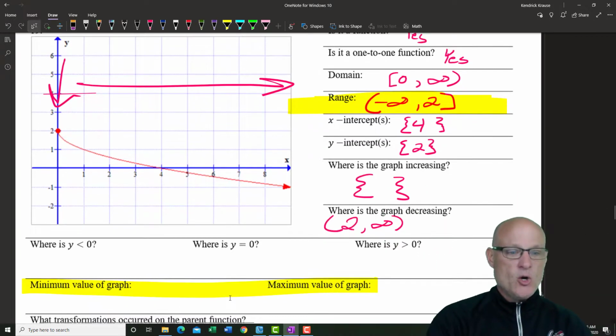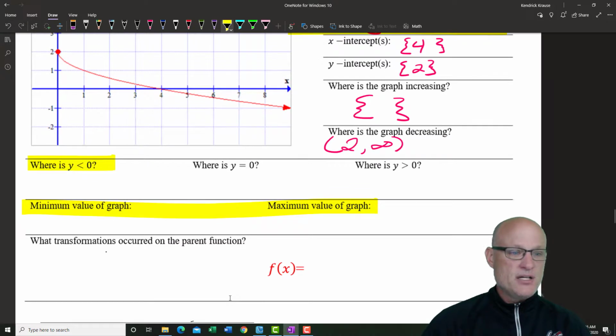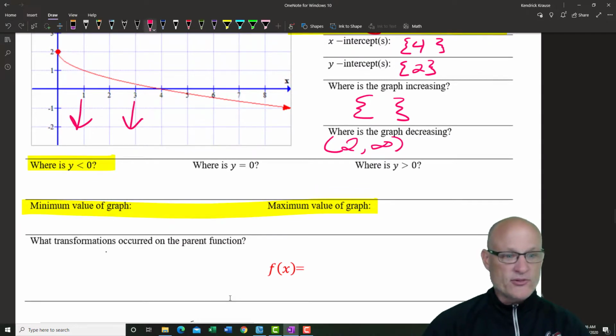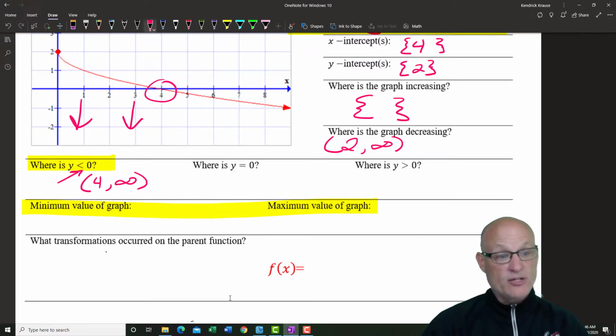All right. Where is this graph negative? Negative means below the x-axis. So it's negative starting at 4, going to the right, positive infinity. We don't include the 4 because it doesn't have an equal sign. Where is it 0? Well, at 4 it's 0. And where is it greater than 0?